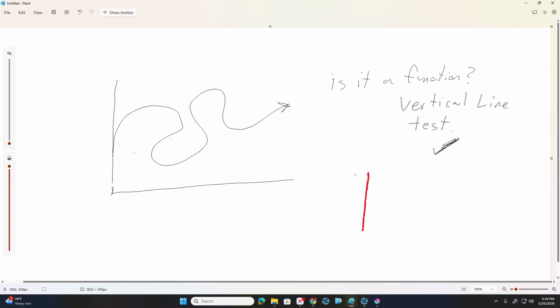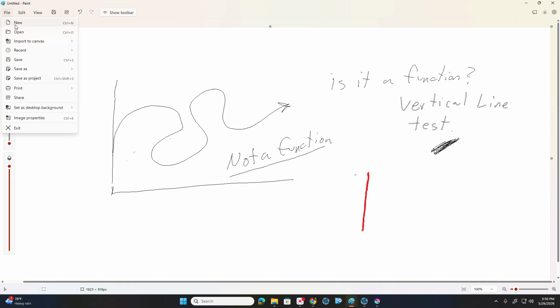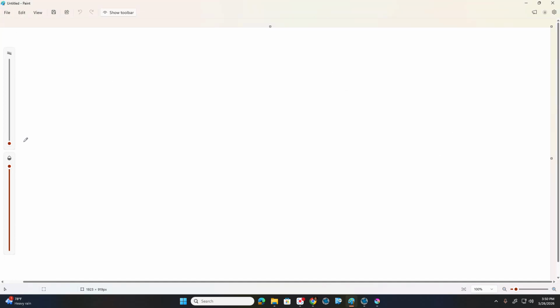I can tell you most assuredly, this function right here, not a function. And that's really a horrible sentence to say. What I really mean is that the relationship you're describing graphically right here is not a function. We won't spend too much on things that are not functions. Most of what we're interested in are actual functions.